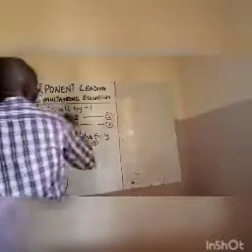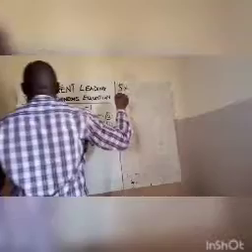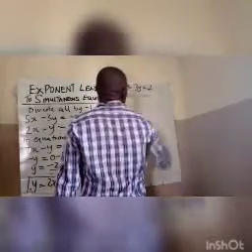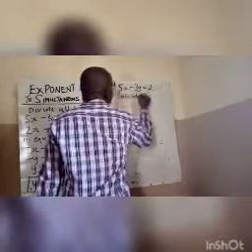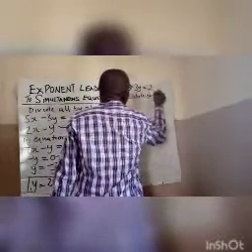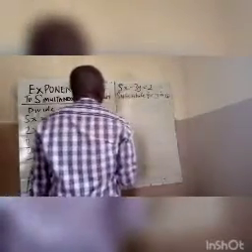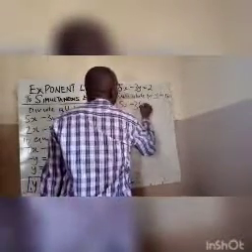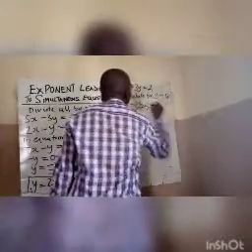Equation 2 says 5s minus 3y equals 2. Substituting for y, we have 5s minus 3 times 2s equals 2.